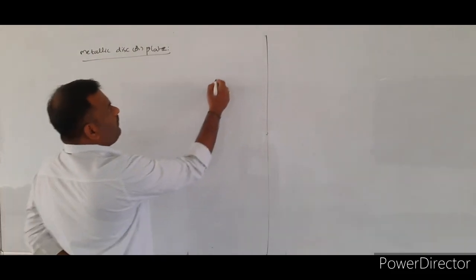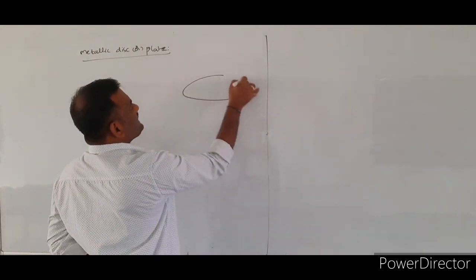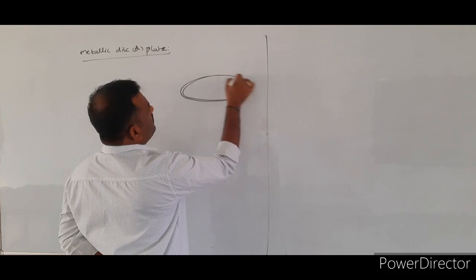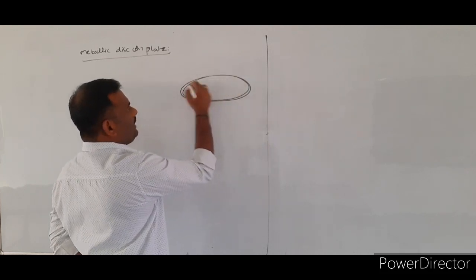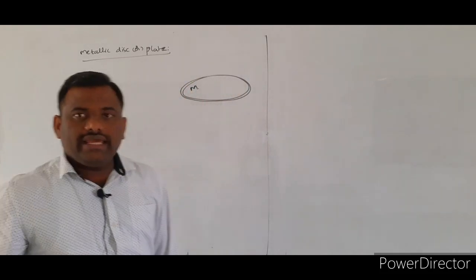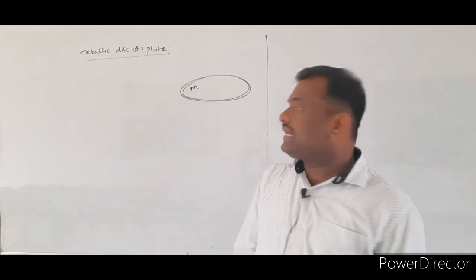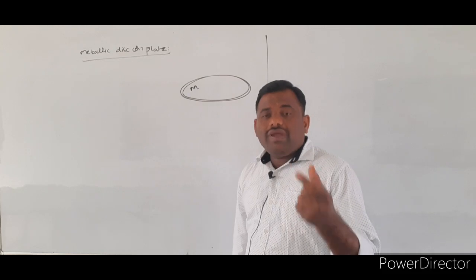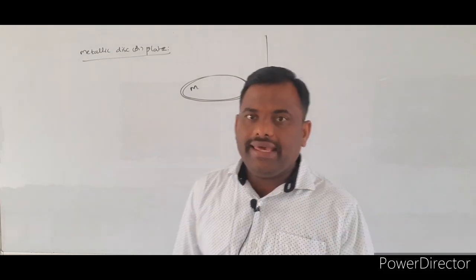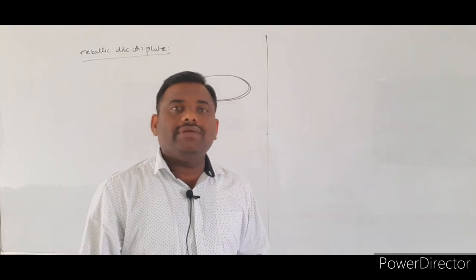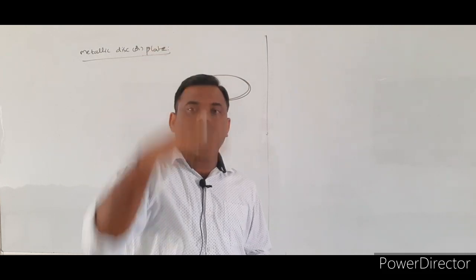See here, we assume a metallic disc whose mass is equal to capital M. And where will this metallic disc be placed? The metallic disc will be placed in the mid-air.